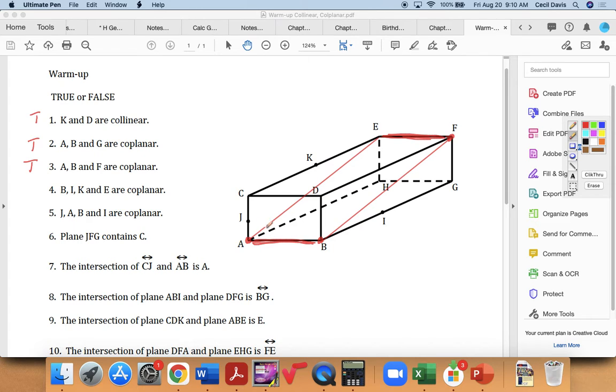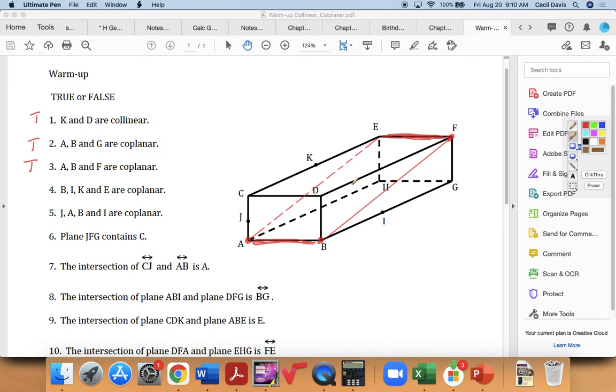And if you want to be really specific about it, this should be dotted because this is on the back side. So this is kind of like a ramp, if you will, going diagonally through this box. So that's a flat surface, and all three of these points are on that flat surface, so this is true.